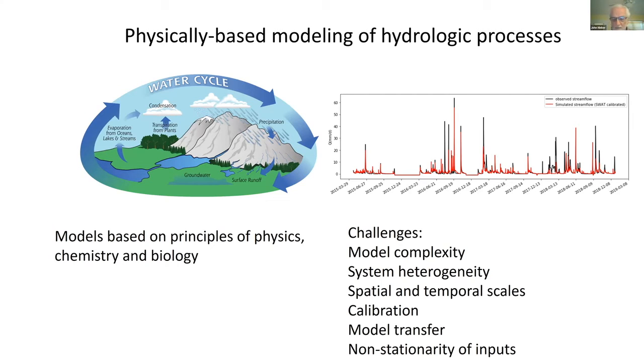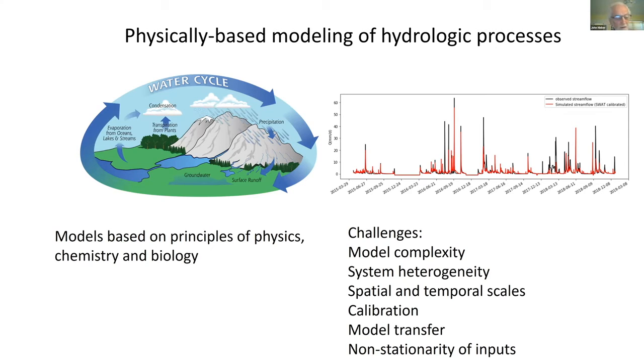System heterogeneity is another big challenge in that a watershed might contain dozens to hundreds of different types of soils, varying topography, different vegetative populations, different land uses, and so forth. Spatial and temporal scales are also important. Calibration is a big challenge as well. That is how to get a reasonable optimum set of parameters for representing a particular site.